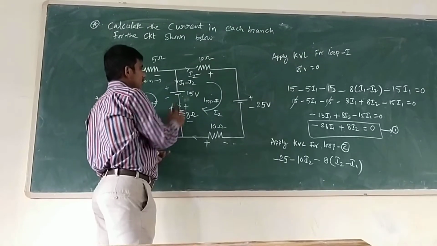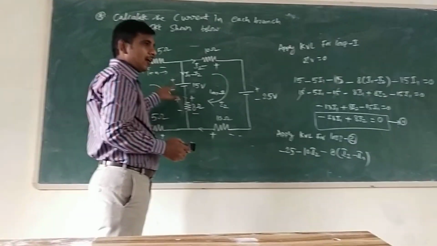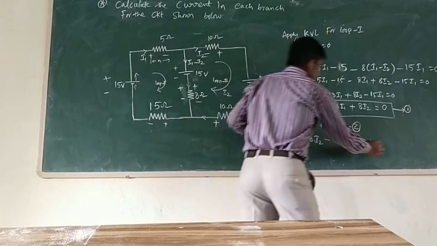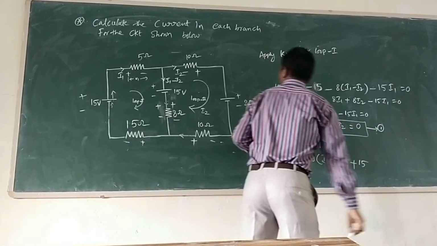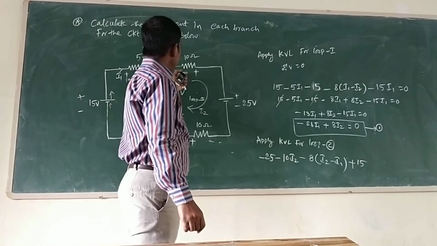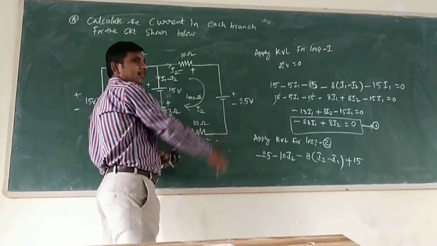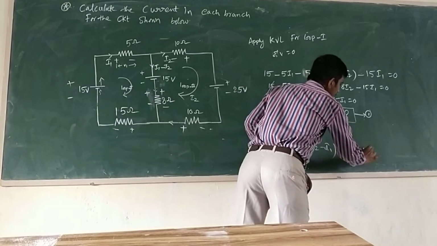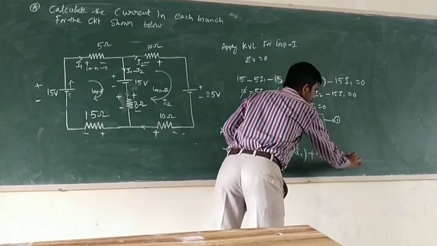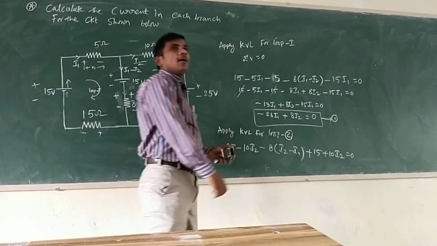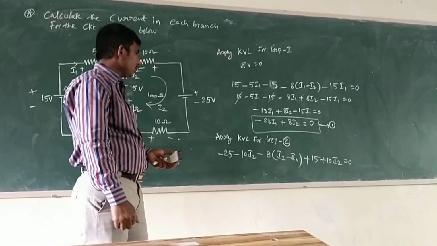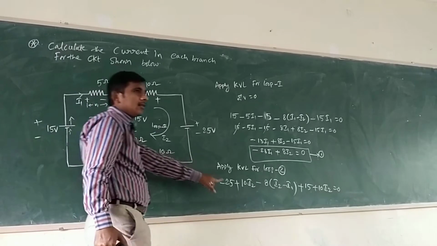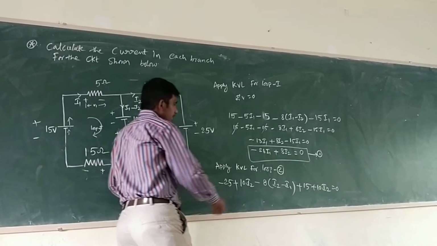Voltage source will not change. Minus to plus, that is plus 15. Again minus to plus, it is plus 10 I2. The current entering at the 10 volt source is minus to plus. We have to consider plus 10 I2.